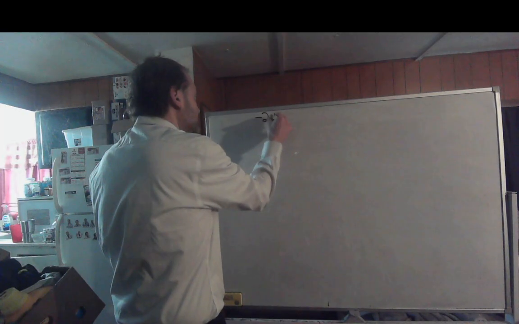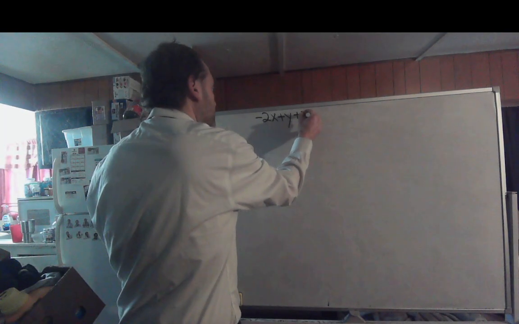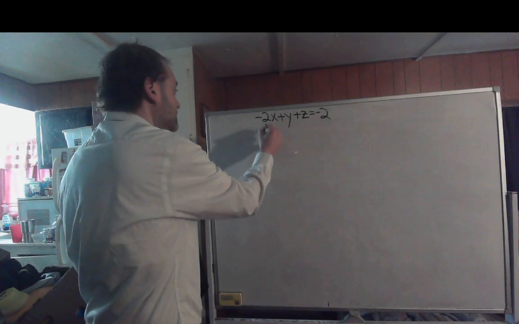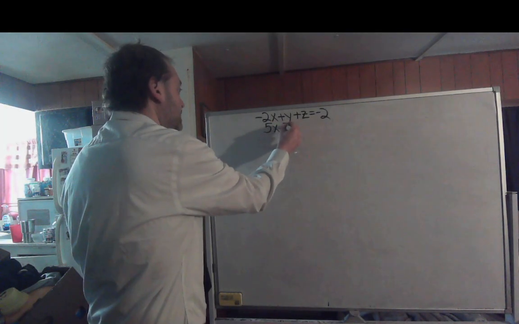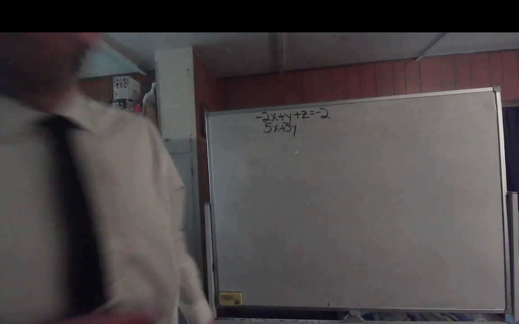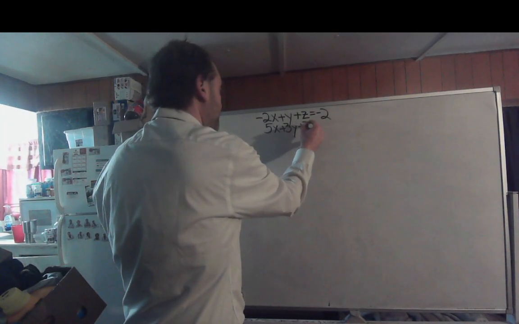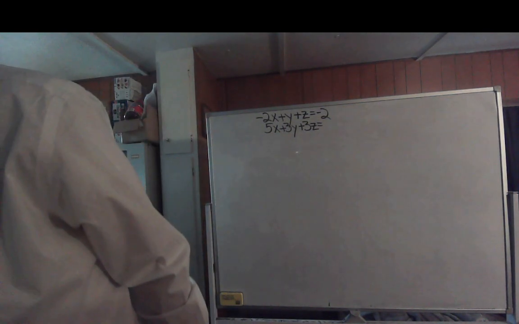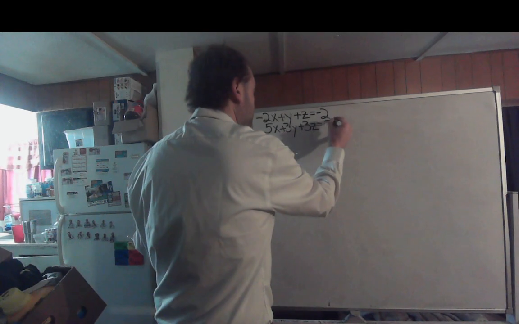Negative 2x plus y plus z equals negative 2. Then you have 5x plus 3y plus 3z, wow, that's awful, equals 71.